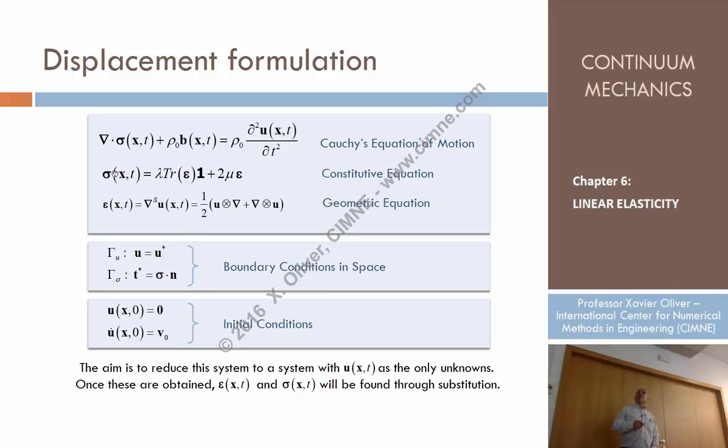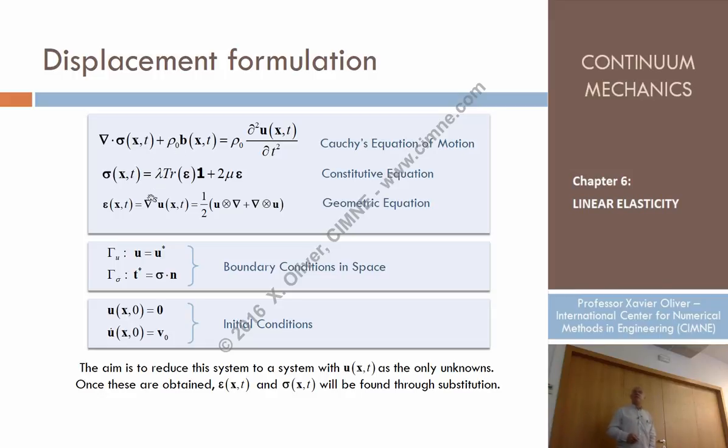Look, if I introduce these stresses into here, and I obtain that equation, since the stresses are replaced by that, at the left-hand side I would have just the strains. So I would have the Cauchy equation just expressed in strains, okay?